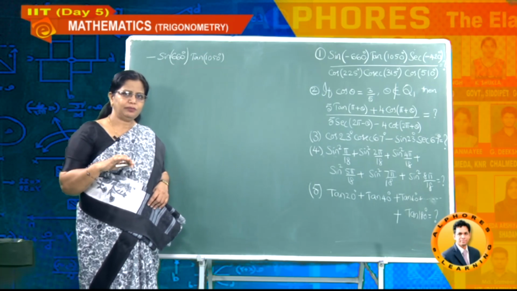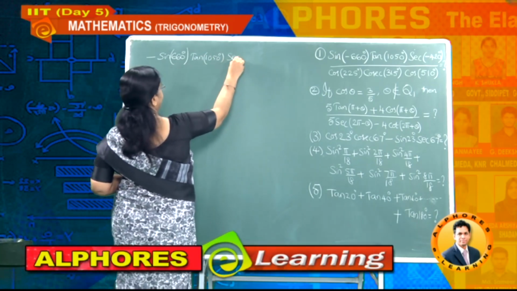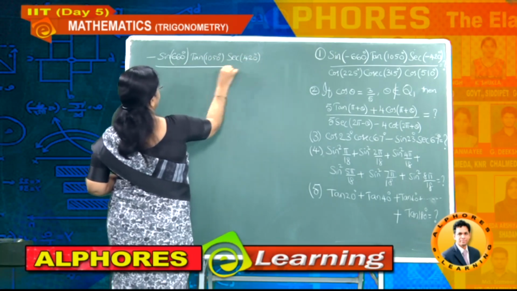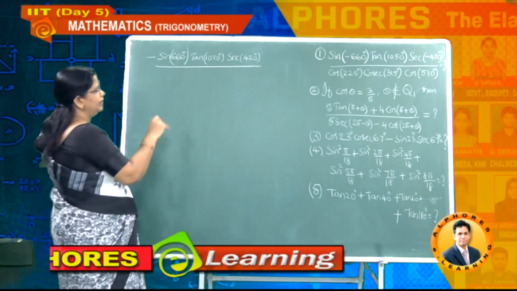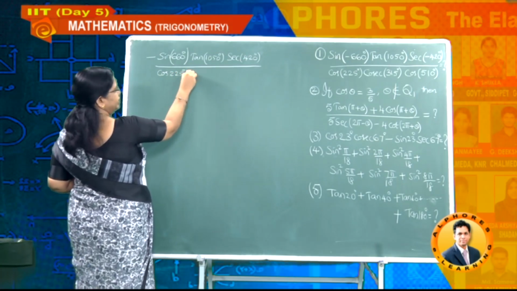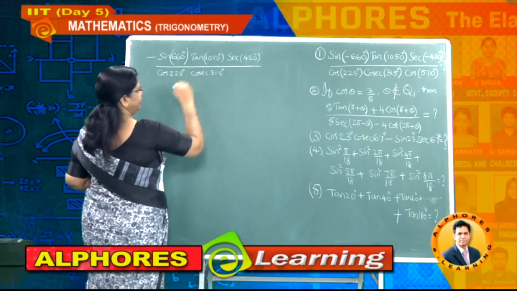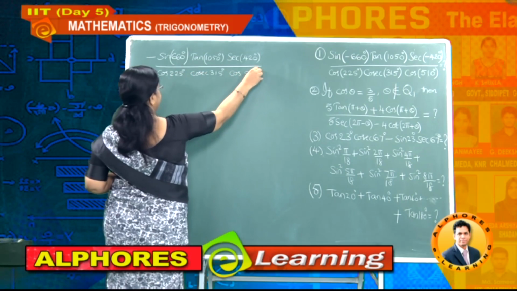What is secant of minus theta? It is secant theta, because it is in fourth quadrant, therefore positive 420 degrees, and divided by, in the denominator there is no minus symbol at all. So I am writing all these as cos 225 degrees into cosecant 315 degrees and into what is the other value, cos 510 degrees. Okay students.